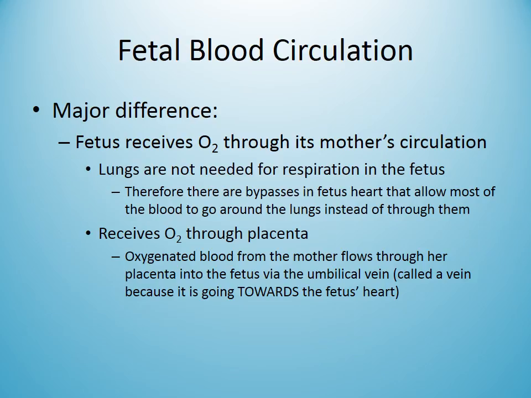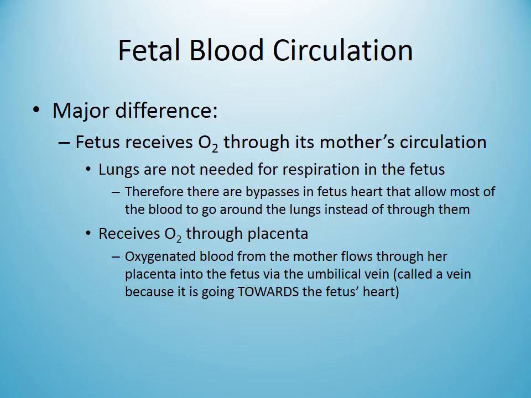Now, fetal blood circulation is quite different, and there are major differences. The fetus receives oxygen through its mother's circulation. The fetus's tissues don't get oxygen from the fetus itself; they get it from their mother. The lungs in the fetus are not needed for respiration.